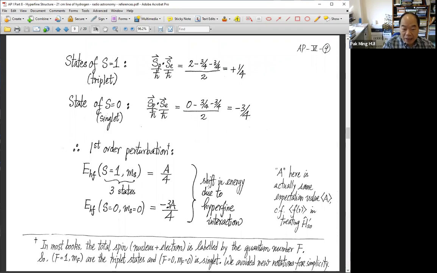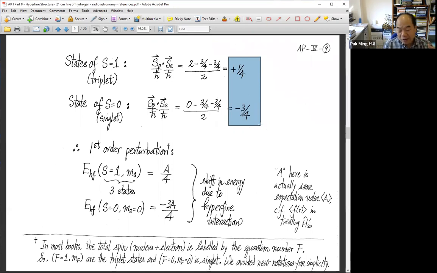Now we plug in S equals 1. This whole factor gives us a plus sign, plus 1/4. And if we plug in S equals 0, this whole thing gives us a minus 3/4. This is a very famous result, especially for those who want to go into condensed matter physics and try to understand ferromagnetism, why we have magnets.